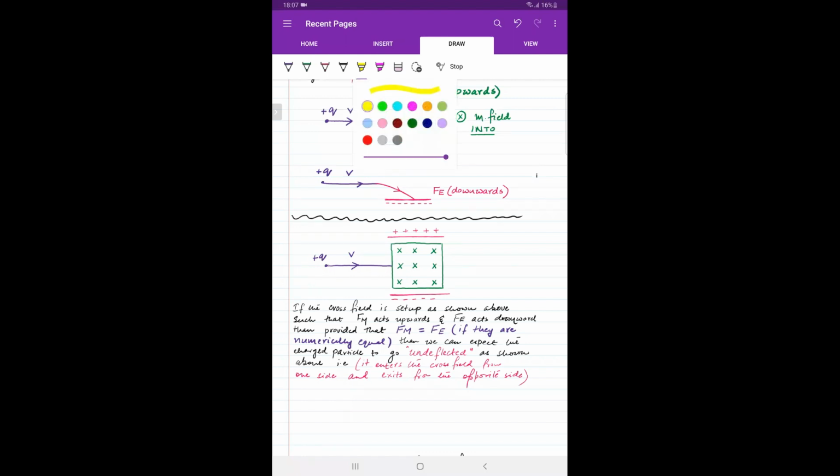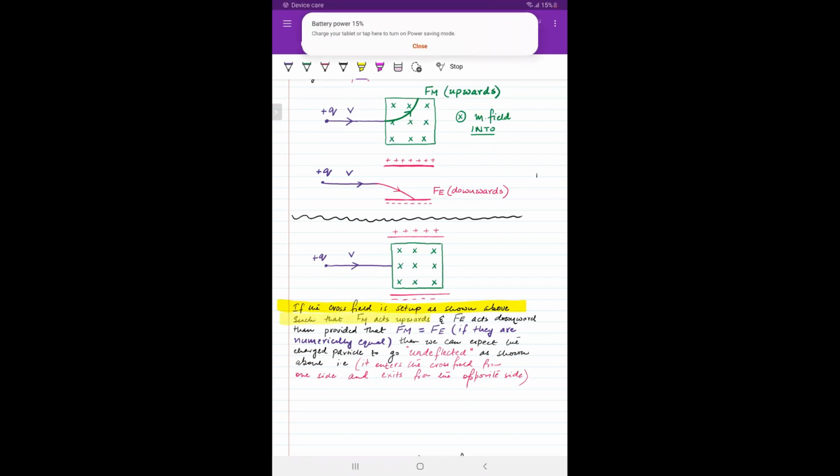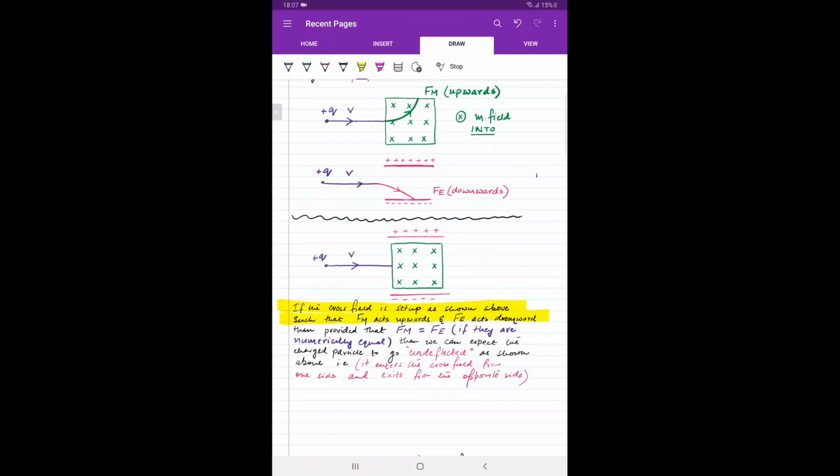अब statement देख लो. ठीक है, so the wording is: if the cross field is set up as shown above such that magnetic force acts upwards and electrical force acts downwards, then provided that the magnetic force is equal to the electrical force, okay, if they are numerically equal to each other, then we can expect the charged particle to go undeflected as shown.